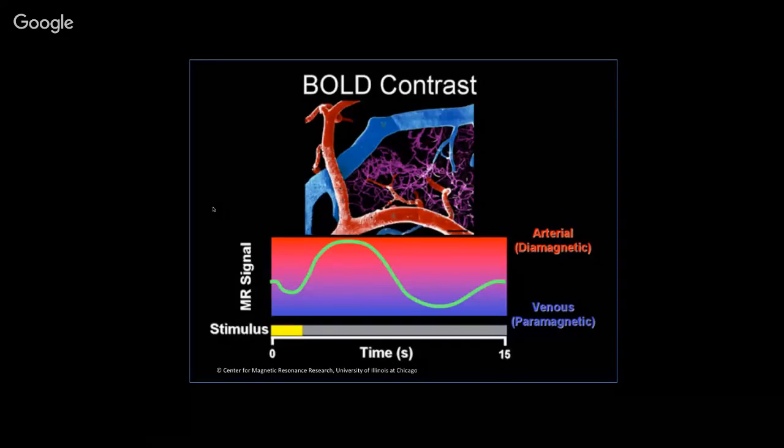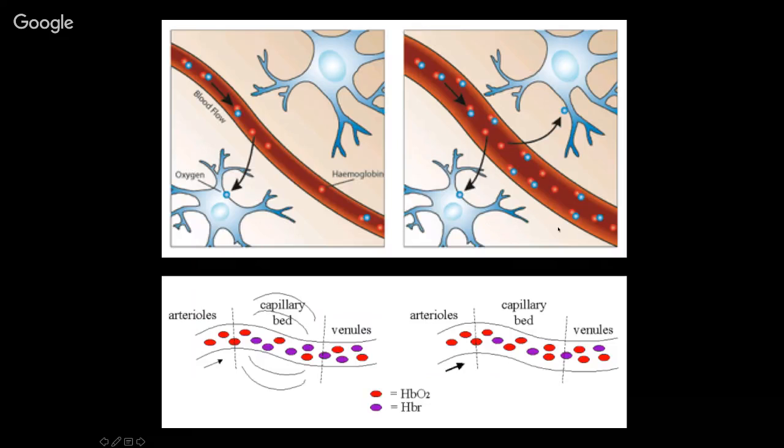So another approach that's been extremely useful are measures that rely upon being able to image the oxygenation state of hemoglobin. So hemoglobin becomes very highly paramagnetic when it is deoxygenated, and we're able to image the difference between this paramagnetic hemoglobin and the diamagnetic hemoglobin when it contains oxygen.